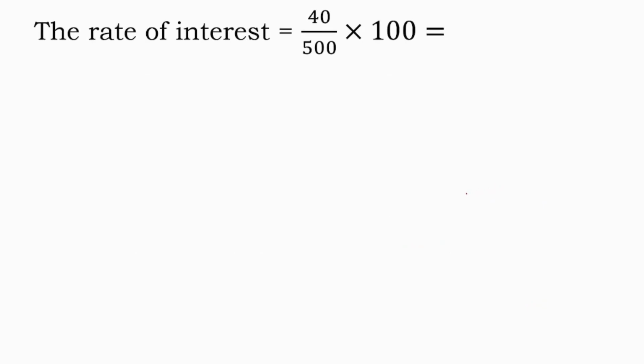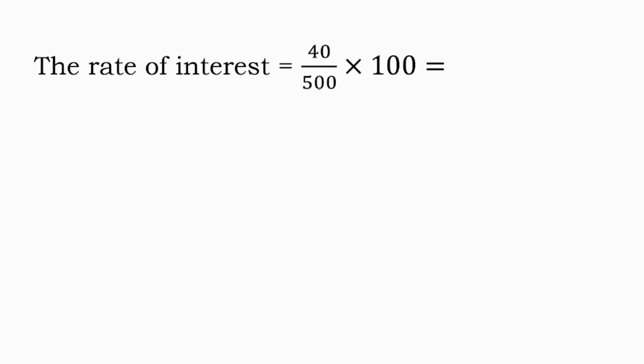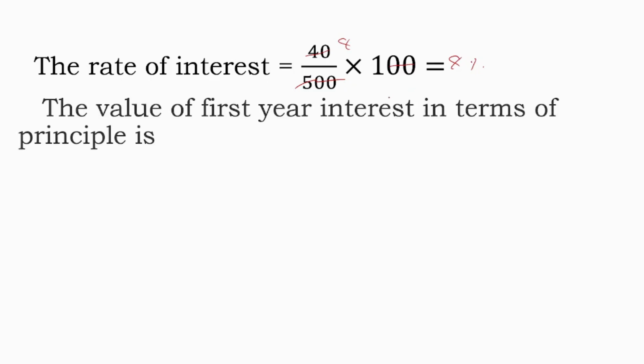So here the interest on 500 is 40 rupees: 5 ones are 5, 5 eights are 40. So it is 8% interest rate applied in this calculation.